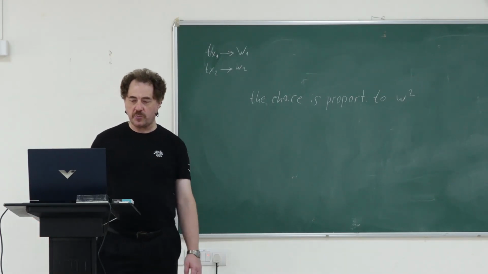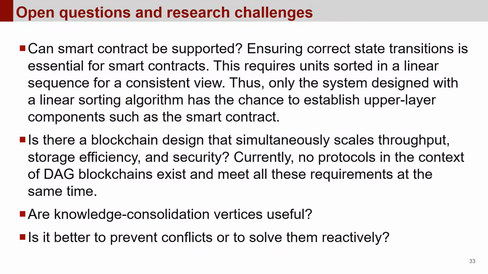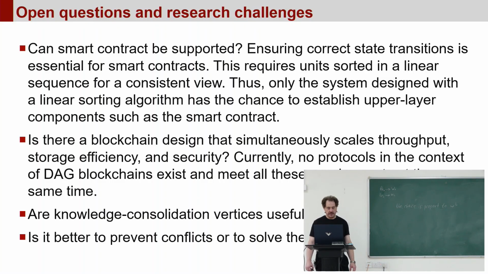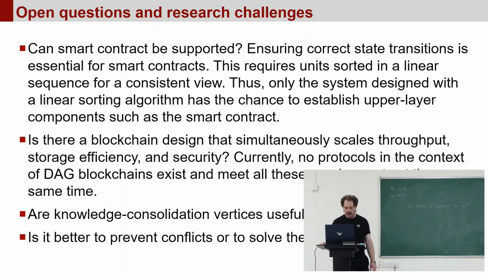How can we support smart contracts based on DAG-based systems? There are some systems which definitely support smart contracts, but it's a challenge because ensuring correct state transition is essential for smart contracts, and this usually requires units sorted in a linear sequence for a consistent view.